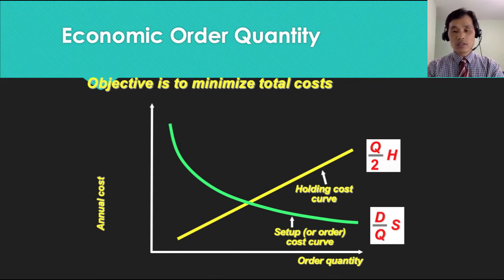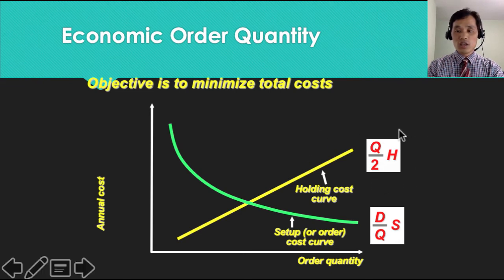Another part of cost stems from holding cost. Carrying cost is the cost associated with insurance, handling, obsolescence, transportation, and rental costs. The formula to calculate this cost is Q over 2 times H. Notice that the cost increases in proportion to the quantity of inventory.